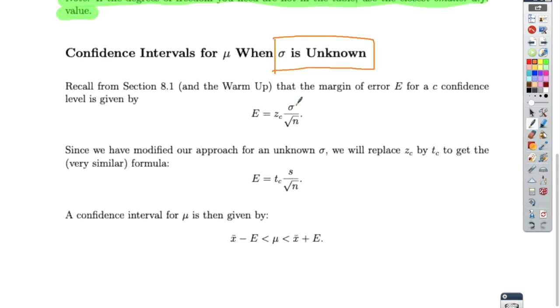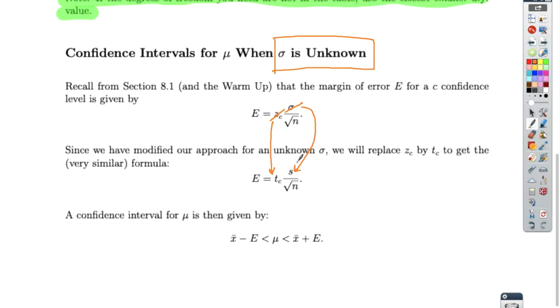The two changes that we have to make are that, since we don't know the population standard deviation, this is going to become S, the sample standard deviation. And since we're making this change, we have to pay for it here. Instead of using a Z value, we're using that T value from the student's T distribution. So these are the two changes that we're making when you do not know your population standard deviation.